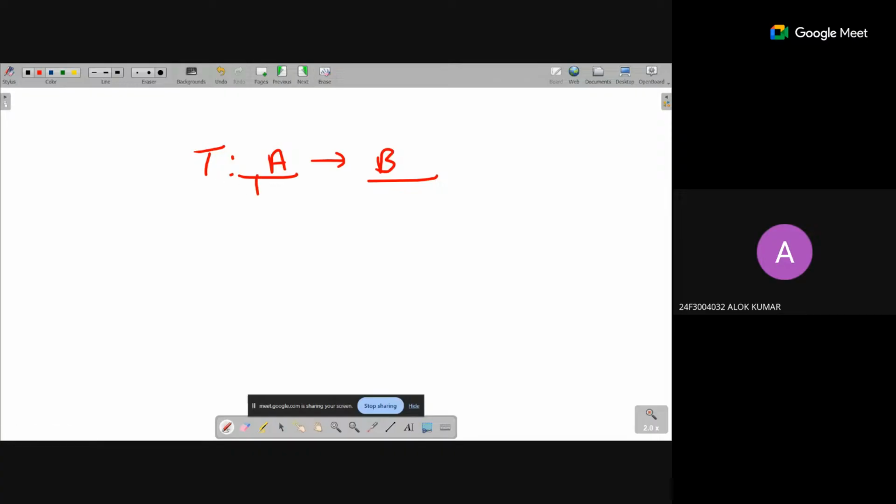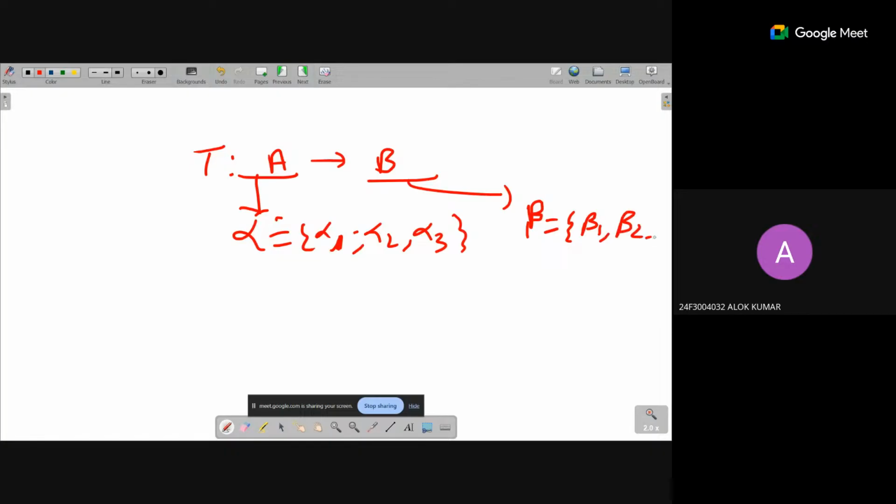Suppose A has an ordered basis alpha 1, alpha 2, and alpha 3, and the codomain B also has an ordered basis beta 1, beta 2 up to beta n. So one has n dimension and the other has m dimension.